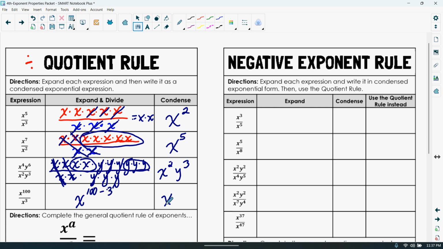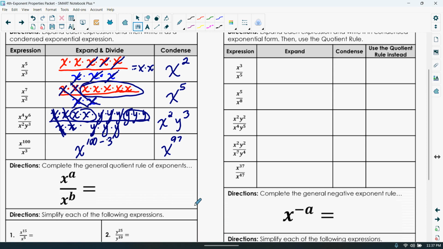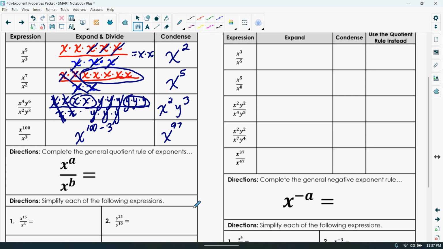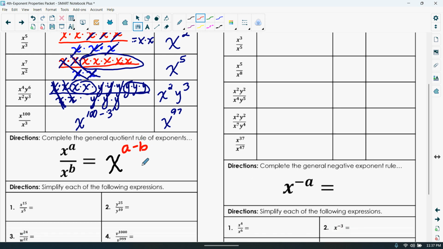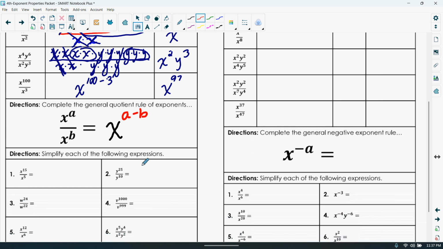And so this is x to the 97th power. So our rule that we're showing here is whenever I have x as my base and we're dividing same bases, we subtract the exponents.